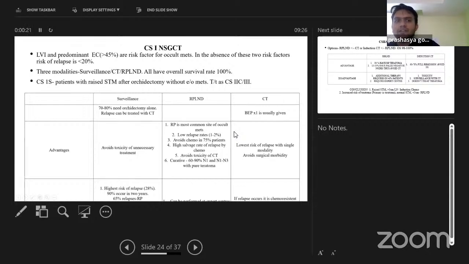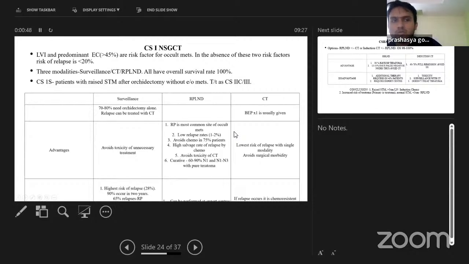These are risk factors for the presence of occult metastasis. In the absence of these two risk factors, the risk of relapse is less than 20%. There are three modalities to manage clinical stage 1 non-seminomatous tumors: surveillance, chemotherapy, or a retroperitoneal lymph node dissection. All of them have an overall survival rate of 100%.